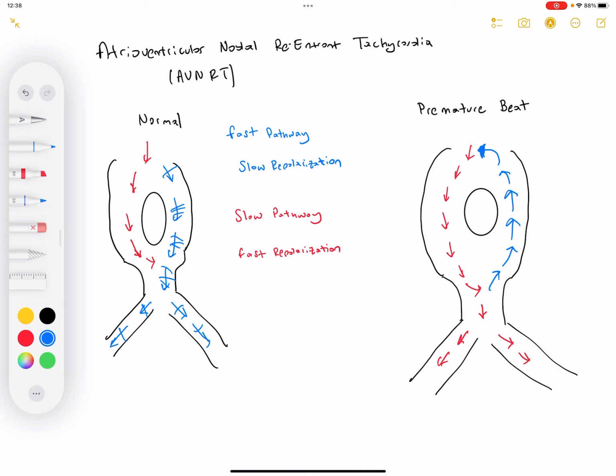So as you can see, this creates a loop. And patients are going to present with really fast heart rates because of this loop. And so we call this atrioventricular nodal reentrant tachycardia.